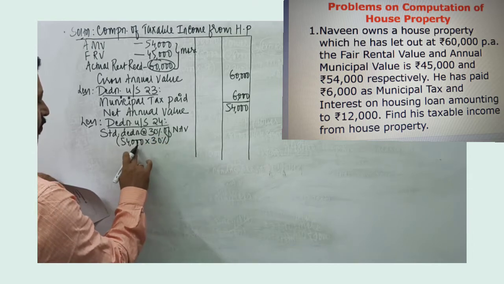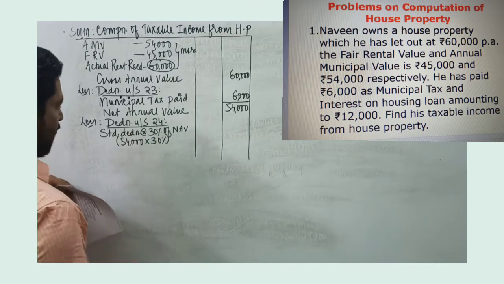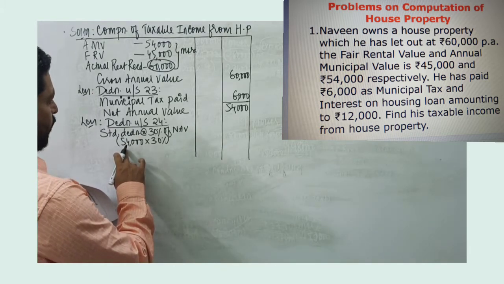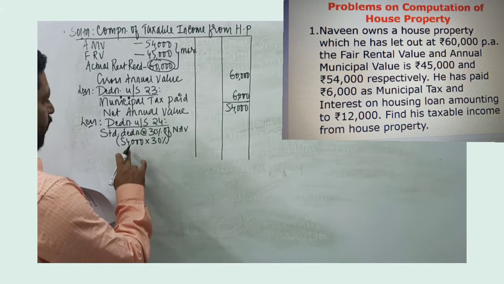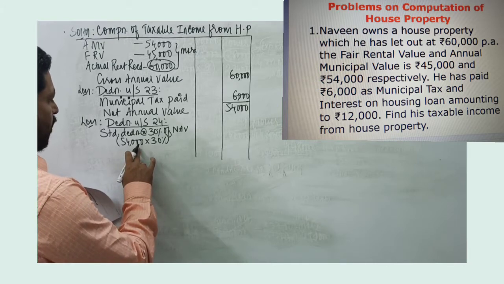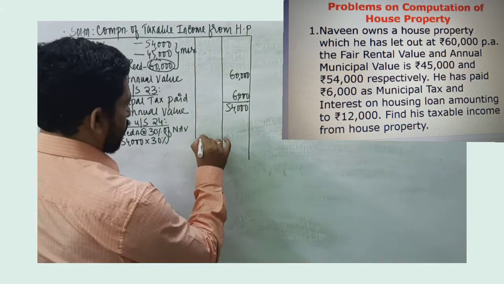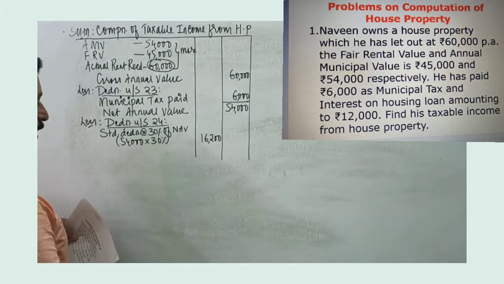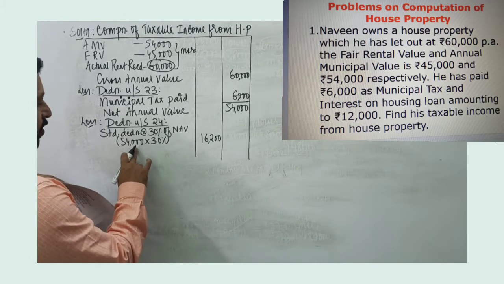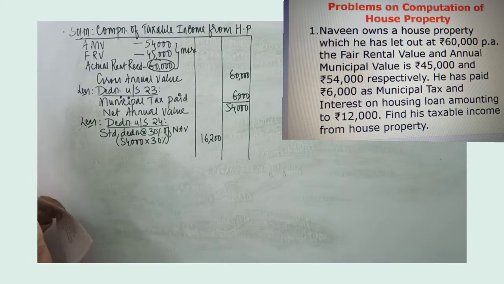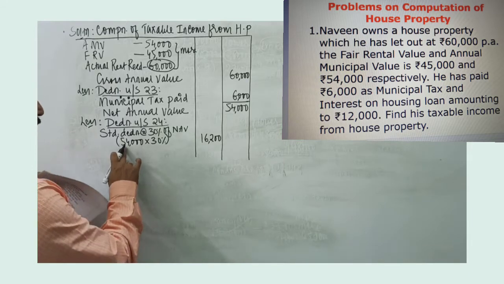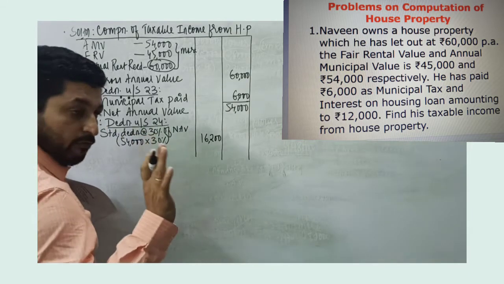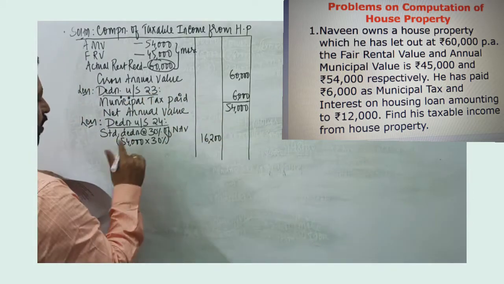So 10% is 5,400, 20% is 10,800. Then 5,400 into 3 will be 16,200. So I record it here in the inner column, 16,200. So 5,000, 5,000, 5,000 plus 400 into 3, which is 1,200. So 15 plus 1, 16,200 is the standard deduction, which is available as deduction from let out house property.